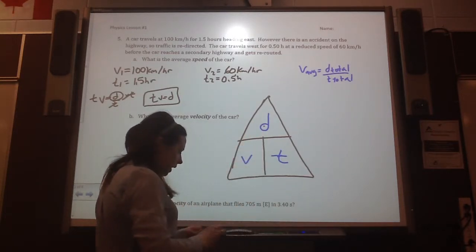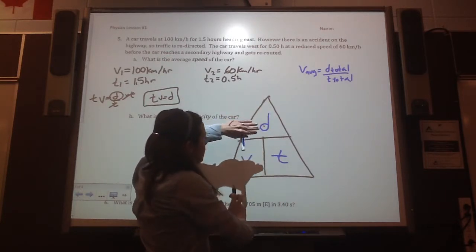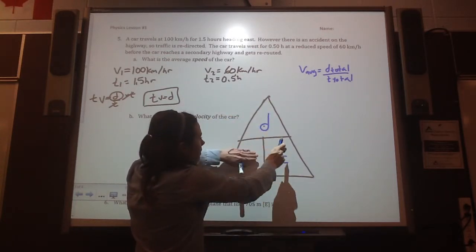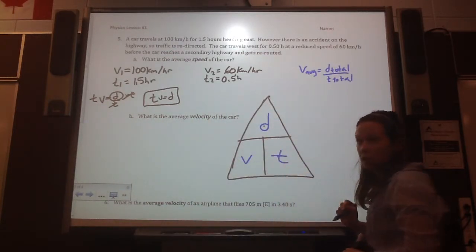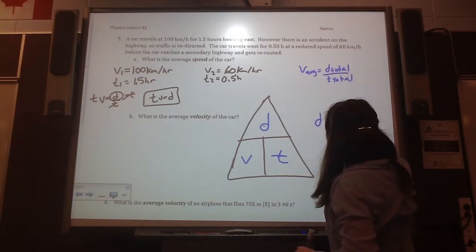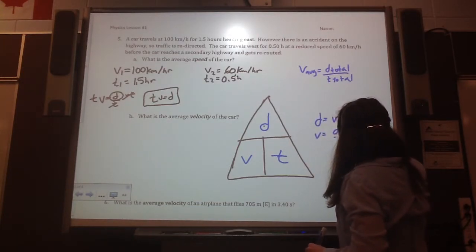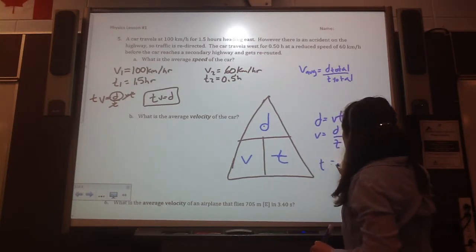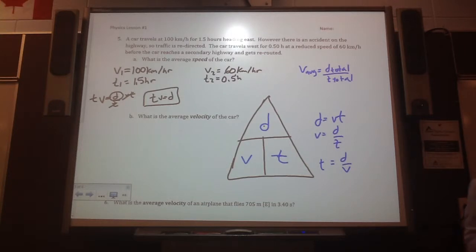Say you're looking for the D, it's V times T. Say you're looking for the V, it's D divided by T. Say you're looking for T, it's D divided by V. So D equals V times T, V equals D divided by T, and T equals D divided by V. You don't need to memorize all of the rearrangings, but you do need to know how to manipulate it. Okay? That's very important.